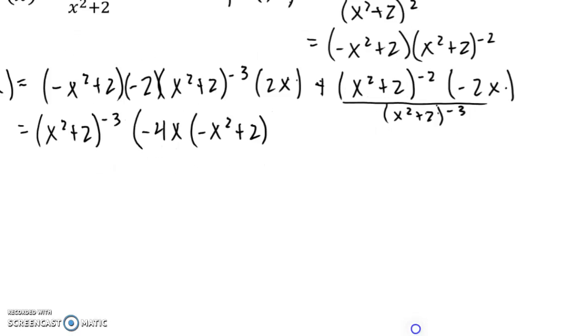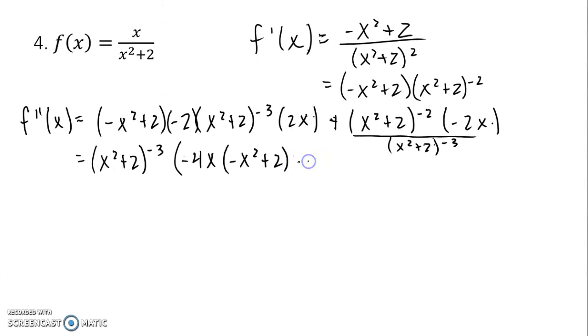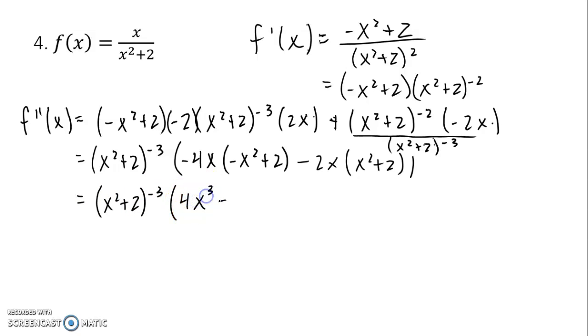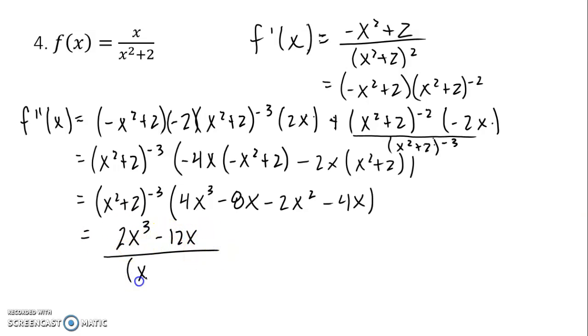So that'll be minus 2x times x squared plus 2 to the first. Okay, so I get 4x cubed minus 8x minus 2x cubed minus 4x. So combining and making this exponent positive, I get 2x cubed minus 12x all over x squared plus 2 cubed.